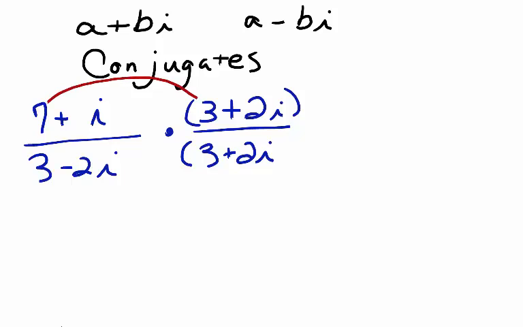7 times 3 equals 21. 7 times 2i equals 14i. i times 3 equals 3i.